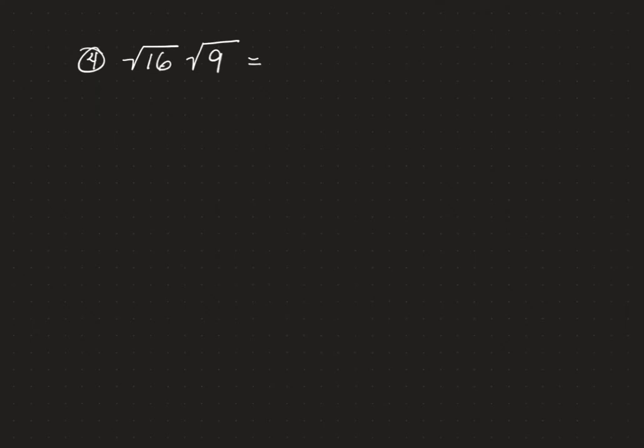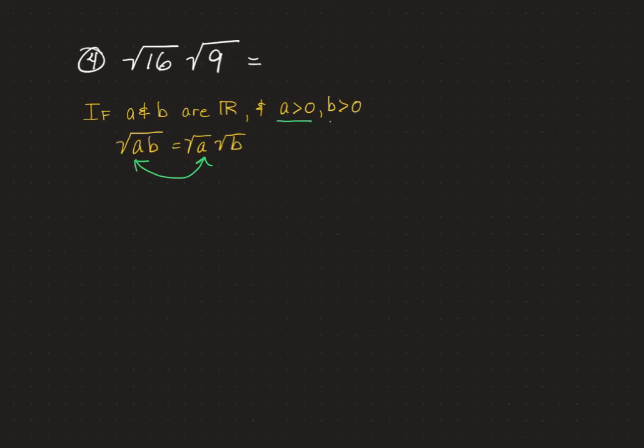Let's work the other way. What does the square root of 16 times the square root of 9 equal? Remember, I gave you this rule. And whenever you have an equal sign, the statement is true no matter which way you read it. So if you have a greater than 0 and b greater than 0, and they are both real, then the square root of a times the square root of b equals the square root of a times b.